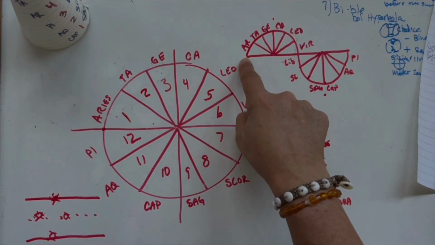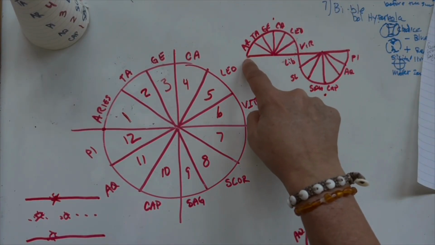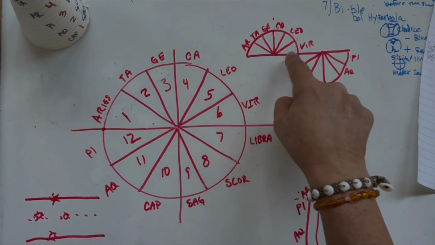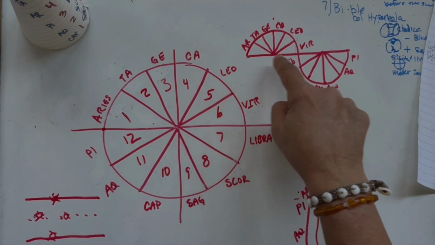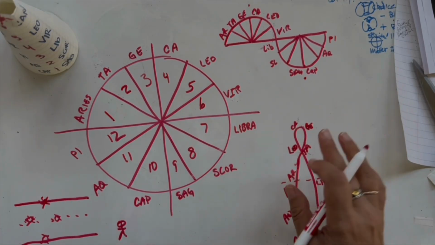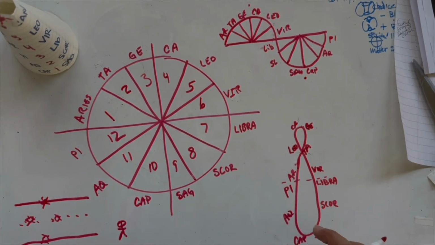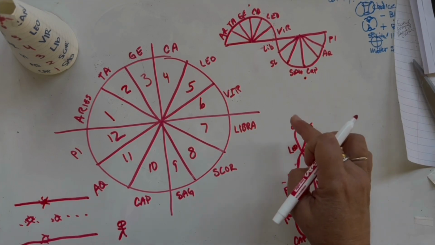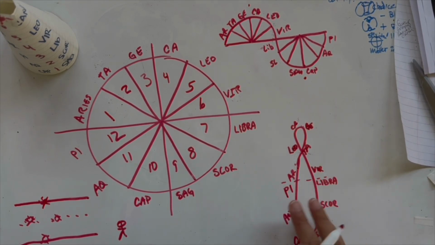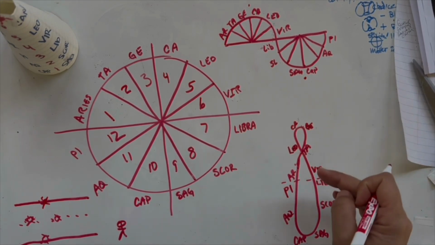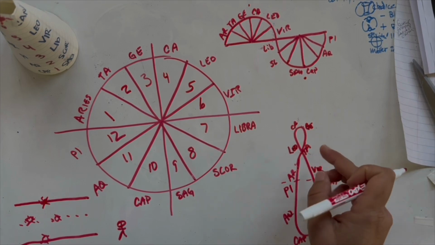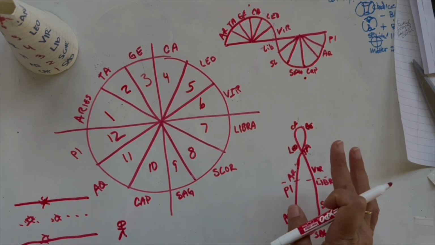And here's your midpoints, Aries and Libra, right there. That's at the equator. This, the analemma, represents the same thing, the same positions. The only added thing that the analemma is doing is it's also showing speed.